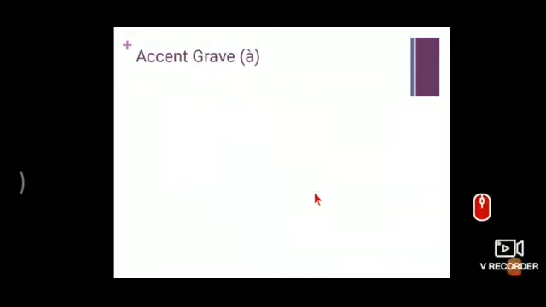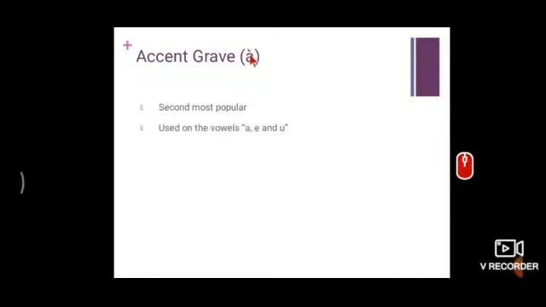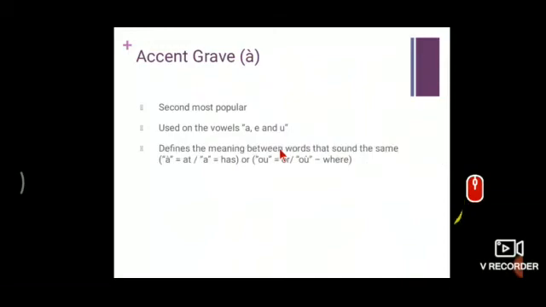And the next accent is accent grave. It is the second most popular accent we can say, and this accent comes with the letters A, E and U. These three letters use this accent to give different sounds, so it defines the meaning between words that sound the same.